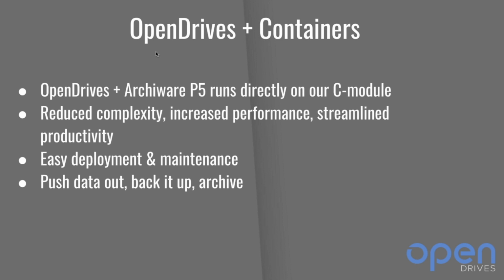And we thought, what would be the best way without actually integrating it directly as a native application? We thought the best way would be running P5 in a container, which gives the same performance, but has the possibility to just update the P5 software if you want, or we can update our software, our firmware, without affecting the container.